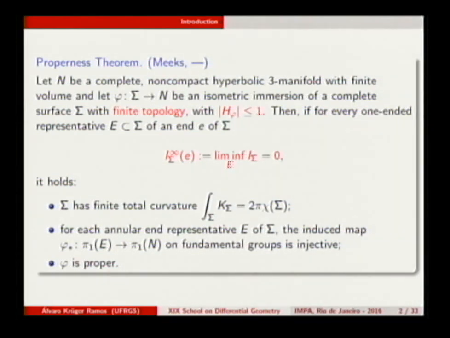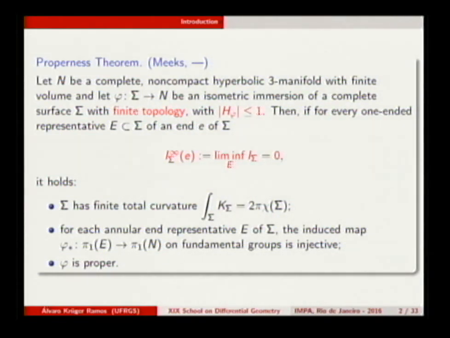Here, let sigma be a surface of finite topology, non-compact. That's important. I will most certainly forget the word non-compact all over the talk, so let me just tell you, everything we are doing here is non-compact, both the ambient space and the surfaces.